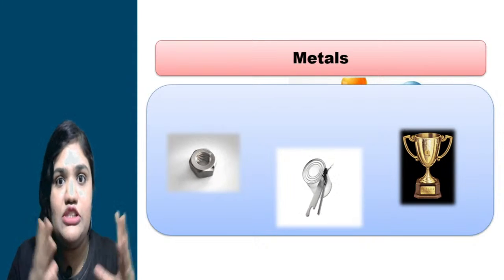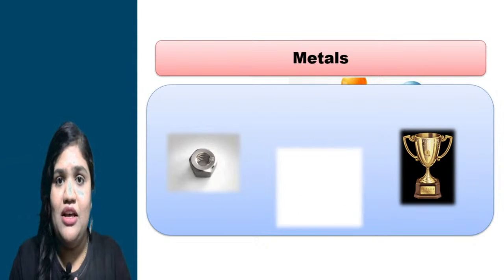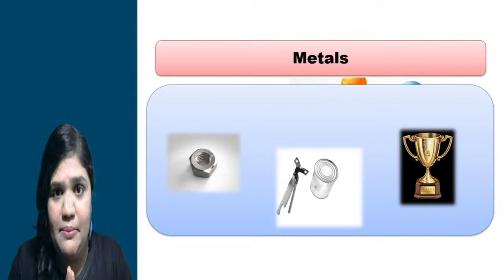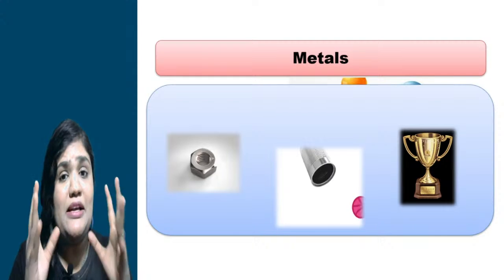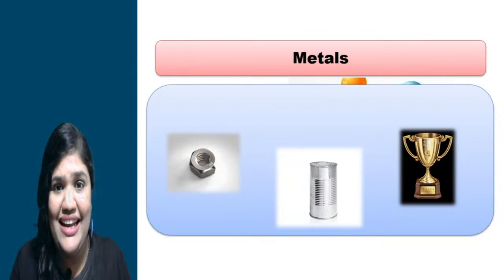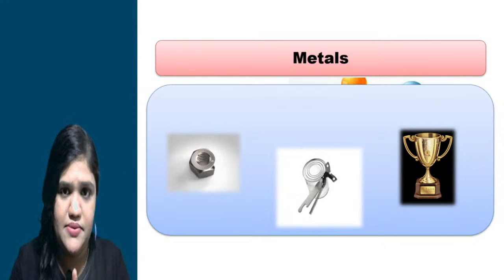So the number is very big, as you can see. Especially the s block of the periodic table contains metals.